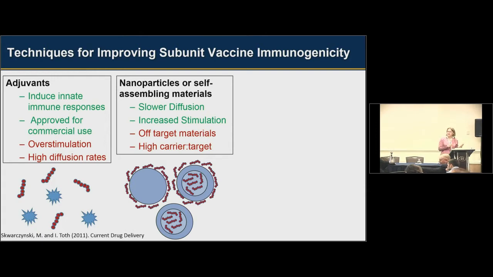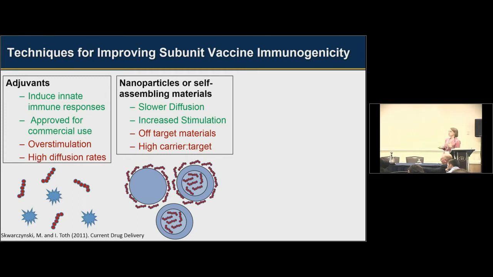While you got rid of the pathogen and all the materials that you didn't want from it, you've now introduced a different kind of material. And so you have the same problem, that you can induce off-target immune responses, now maybe to a polymer or a lipid instead of to some bacterial or viral components. While this may have benefit, you're still fighting the same sort of battle.